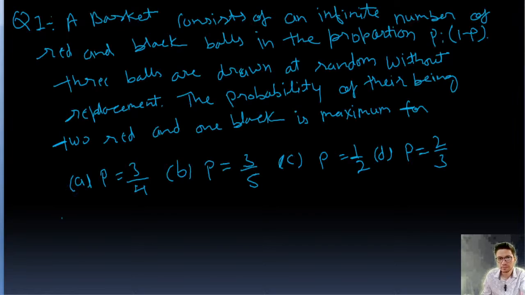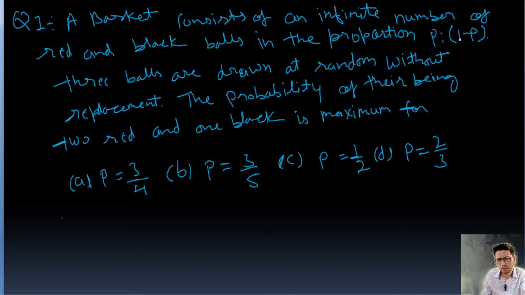For 2 red balls and 1 black ball, my apology, 1 minus P is for the black ball.